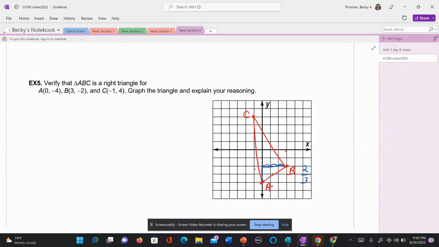Now, I'm going to go ahead and do A to C. How many up and how many over? 1, 2, 3, 4, 5, 6, 7, 8. And over 1. Let me count that again. 1, 2, 3, 4, 5, 6, 7, 8. And that is negative, so I got a negative 8 over 1.